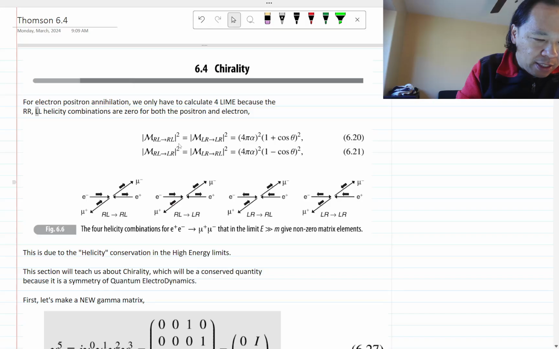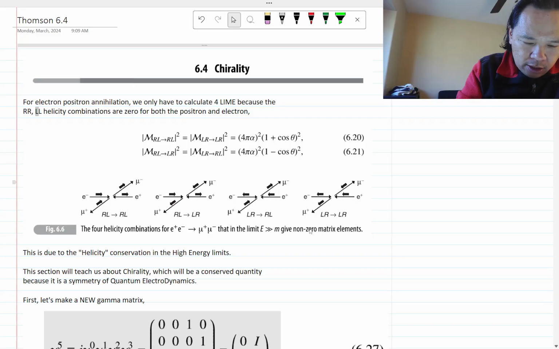And similarly for the positron and also for the muons coming out. So there are only 4 different matrix elements we have to calculate, and 2 of them are identical: RL to RL, and LR to LR.